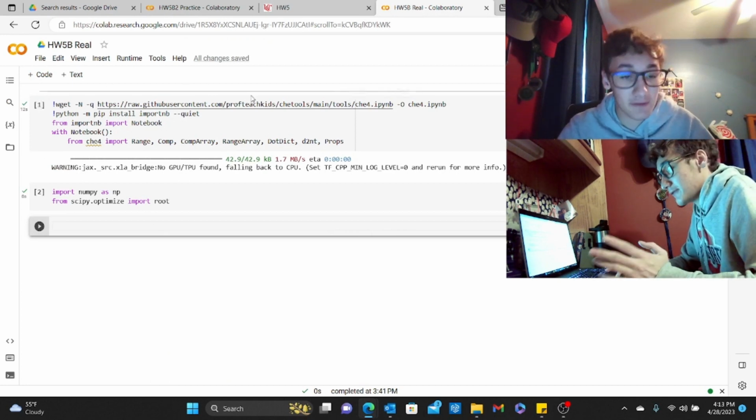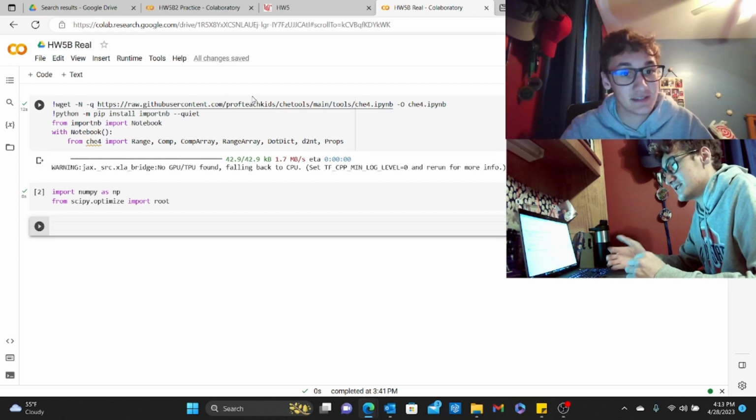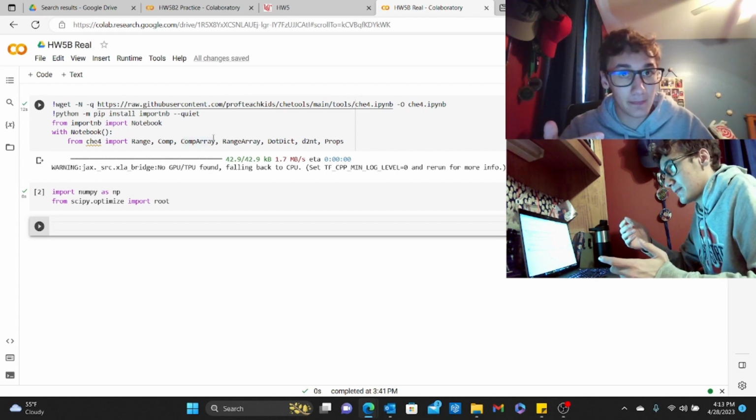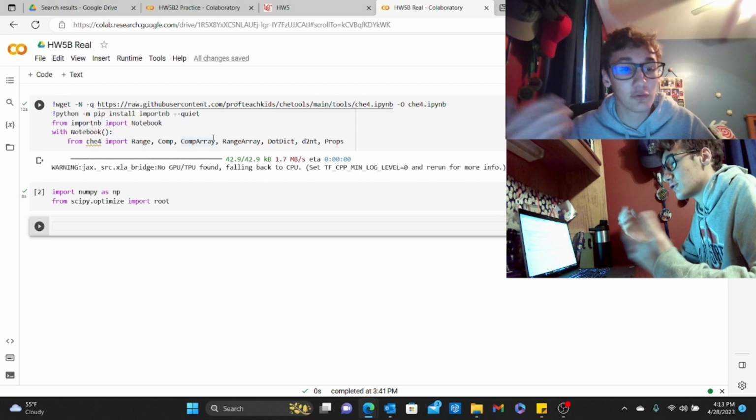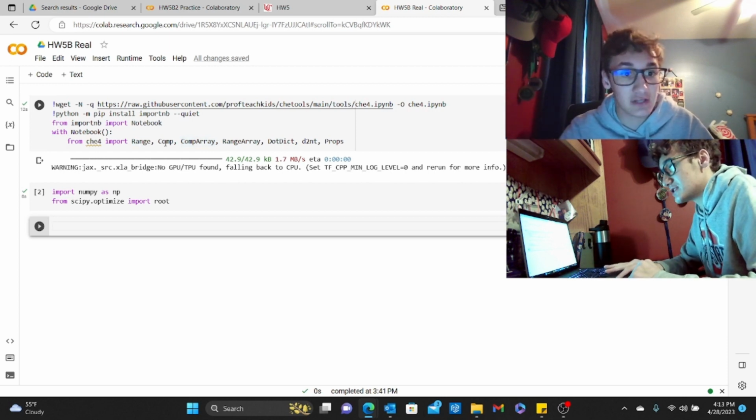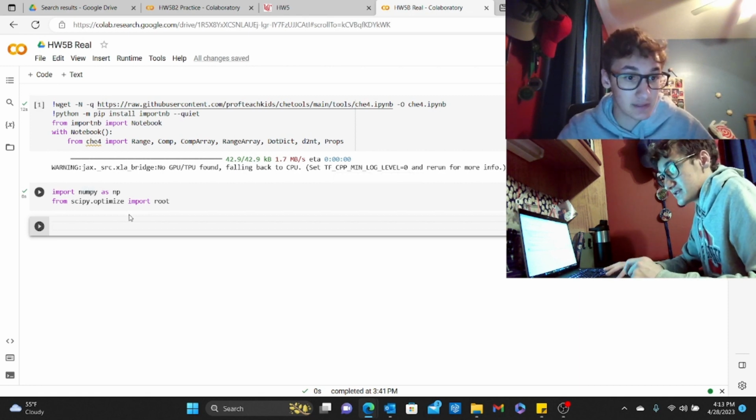This is something my professor has created, a lot of very useful functions that we can use. It has the range, composition, comp, range directory, D2NT, and here we've imported numpy and scipy optimize.